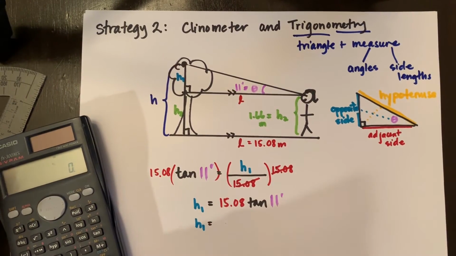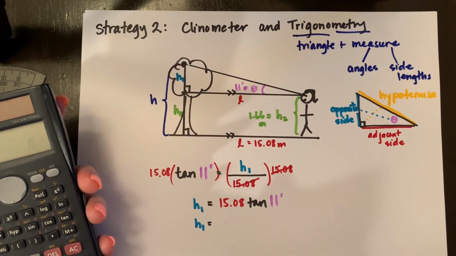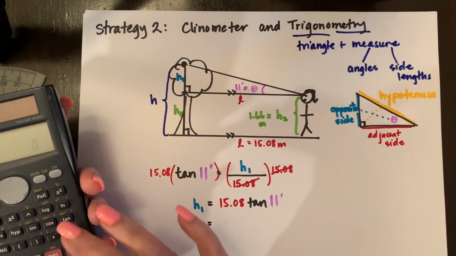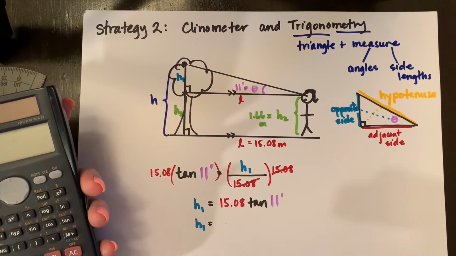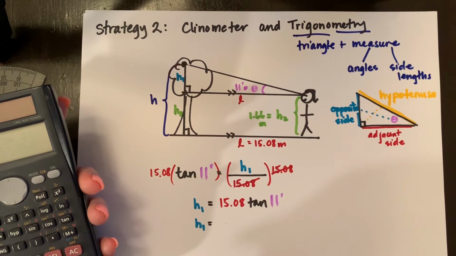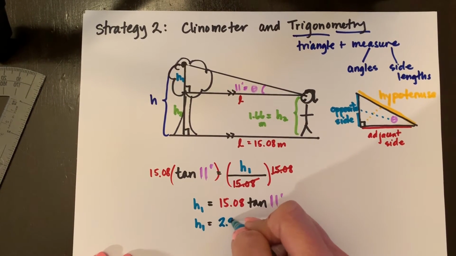So I just need to enter in 15.08 times the tangent of 11 degrees equals about 2.93. So we have a height of about 2.93.